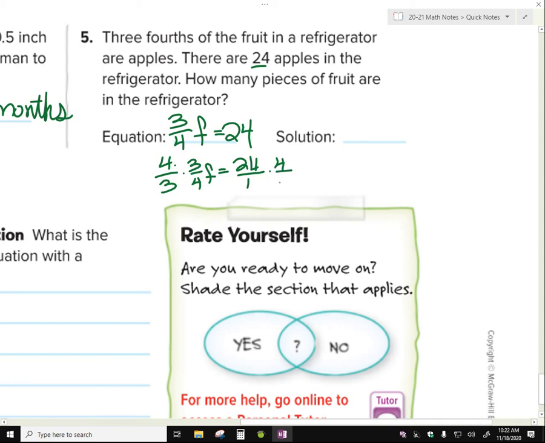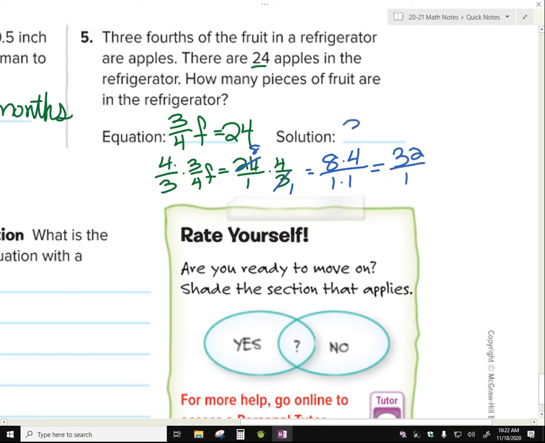times 4/3. I have a common factor here of 3. 3 goes into 3 once. 3 goes into 24 8 times, which equals, writing more than I expect you to because of recording. 8 times 4 is 32.